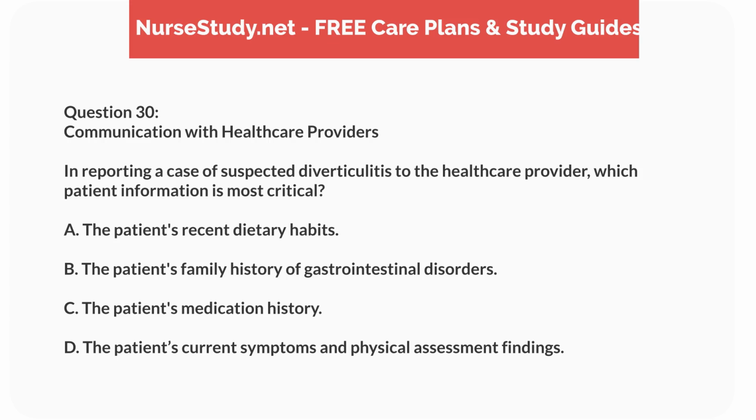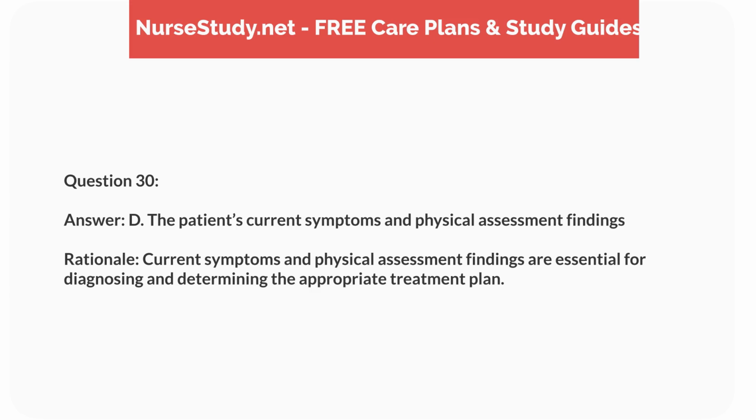C. The patient's medication history. D. The patient's current symptoms and physical assessment findings. Answer: D. Rationale: current symptoms and physical assessment findings are essential for diagnosing and determining the appropriate treatment plan.